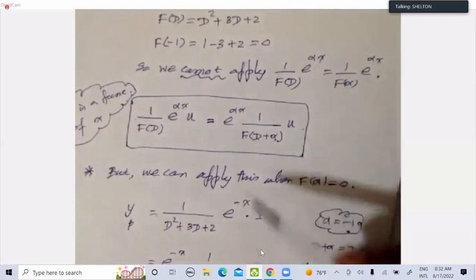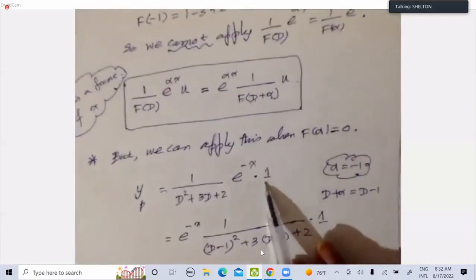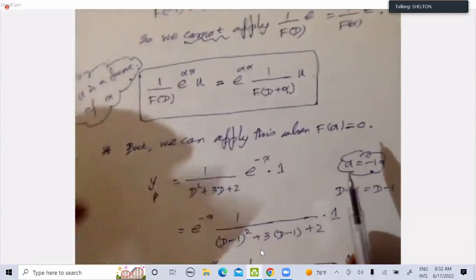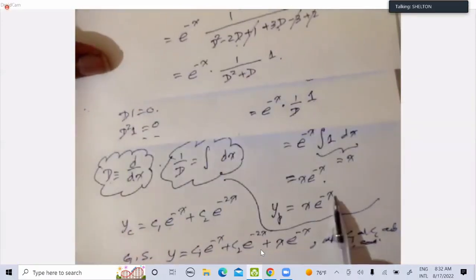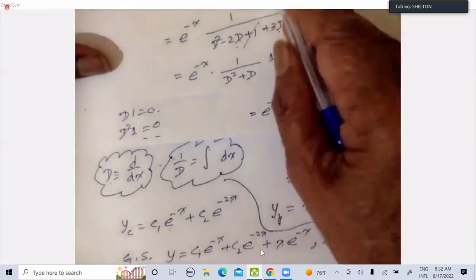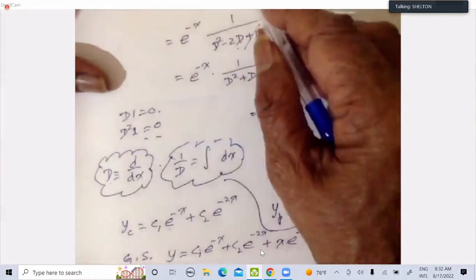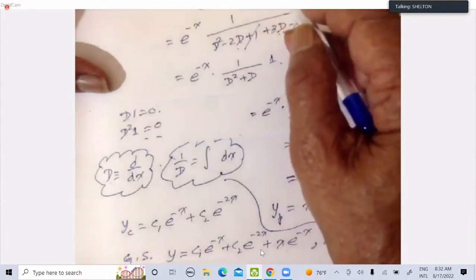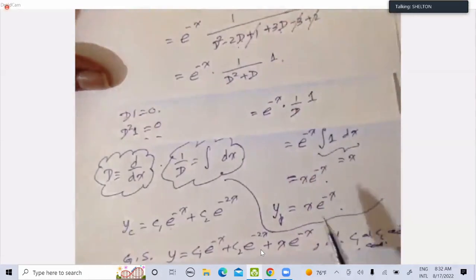Since it's a d squared equation with a constant there, what particular solution did we get? X e to the minus x. So if I had x there, e to the minus x times x, I earlier said x cubed, let us just take x, then what would happen?